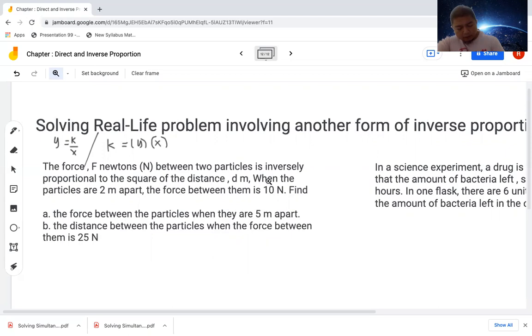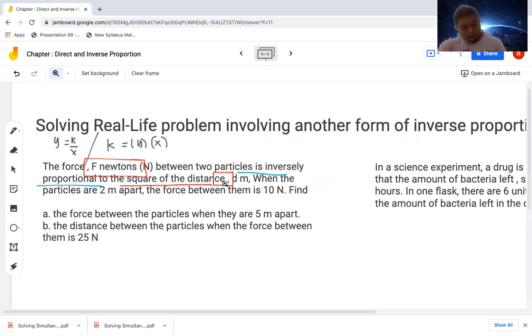So what I need you to do is to highlight this one. And you will notice that there are two variables here, F, in newtons, and the other one is the D, which refers to the distance. However, it was also stated that in the distance, there is this term that says that you have to square it.